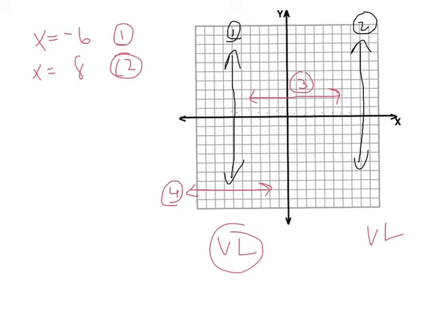The last 2 lines are both horizontal lines, and they come in the form of y equals a number. So line number 3 is clearly 2 up, so it's y equals 2. And line number 4 is 8 down, so it is y equals negative 8.